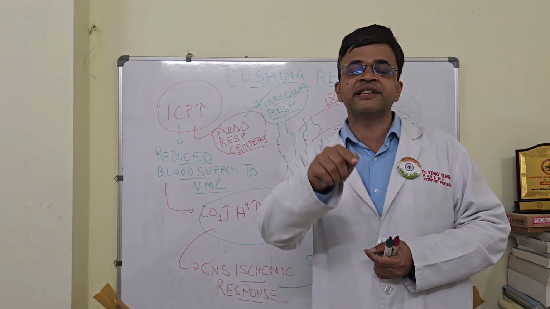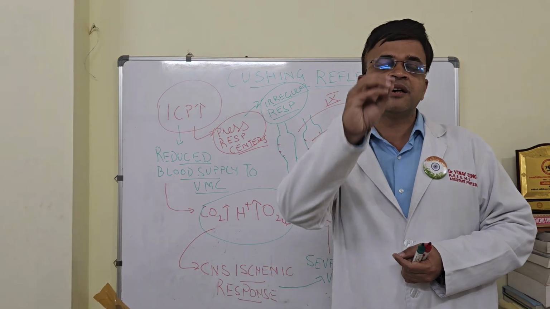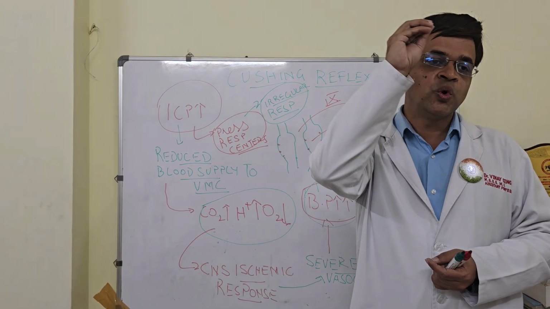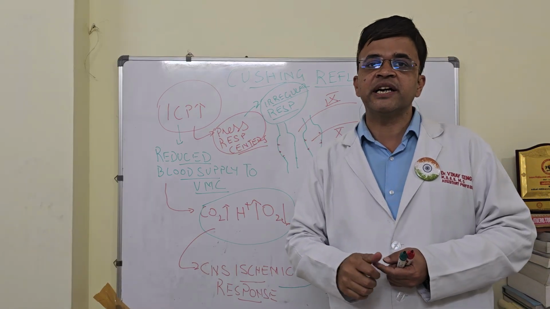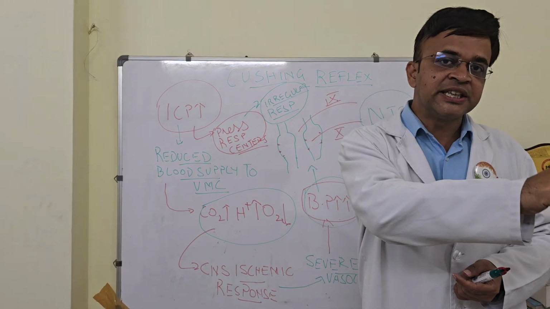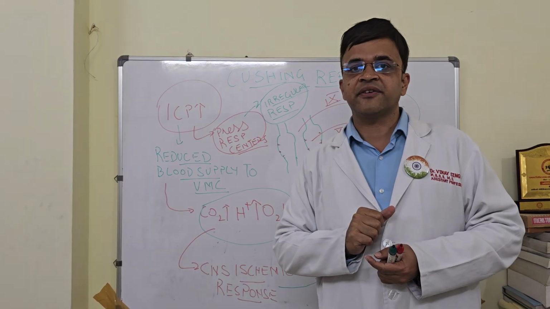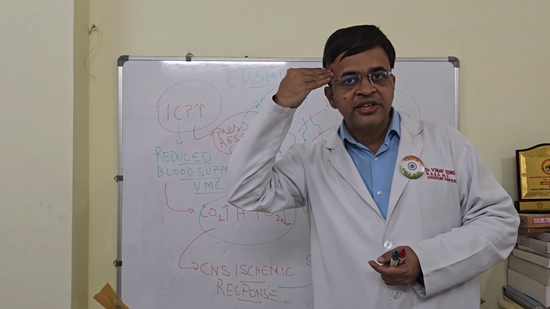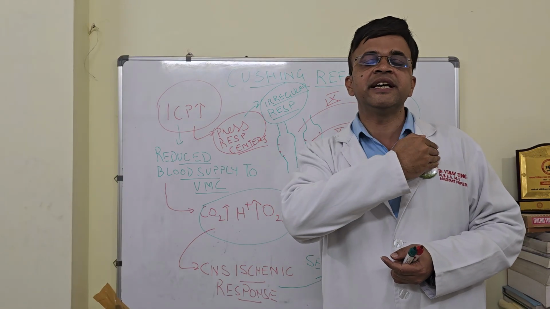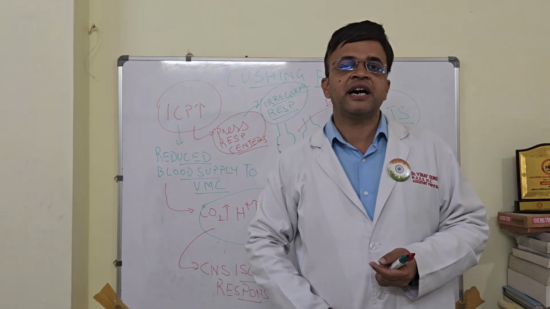This nucleus tractus solitarius will inhibit vasomotor center, but it is going to stimulate vagal nuclei, which will in turn reduce the heart rate. So increase in intracranial pressure, ultimately leading to reduction of the heart rate.